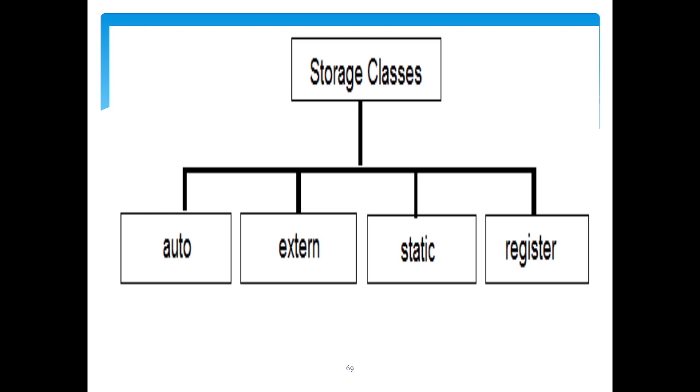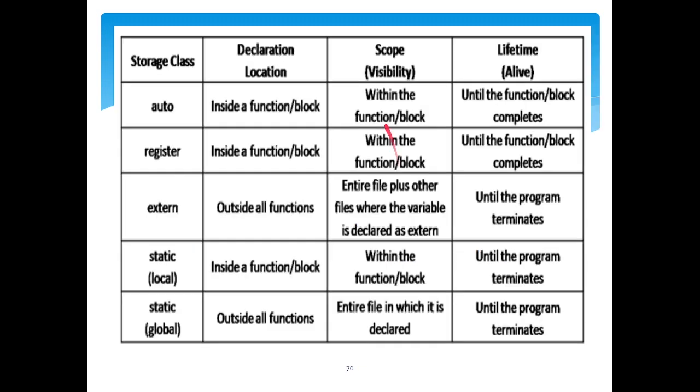And the storage classes in C are also one of the most important and prominent concepts in C. There are 4 storage classes: auto, extern, static and register. So storage classes have declaration locations, and their scope and lifetimes. First, auto. Remember, auto is inside a function or block.